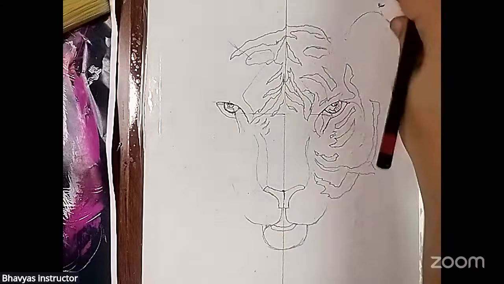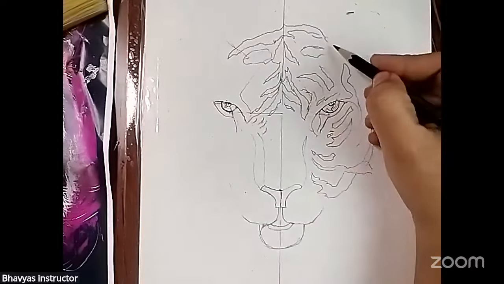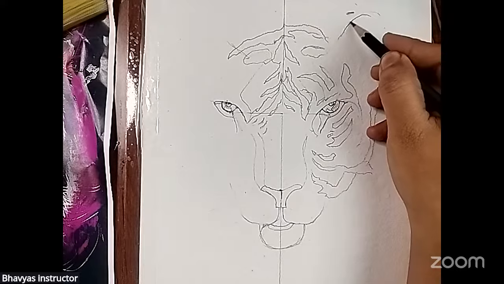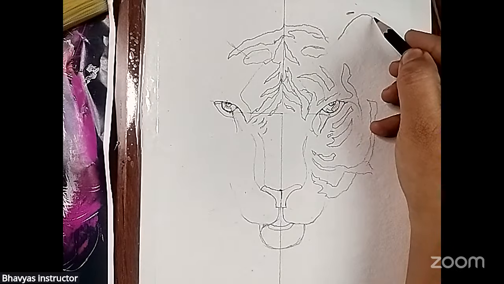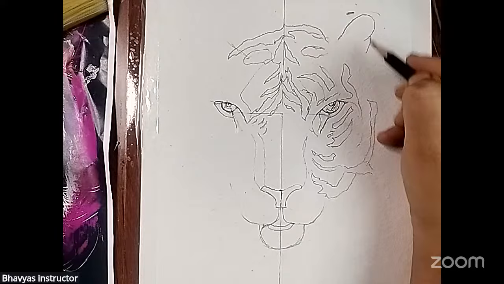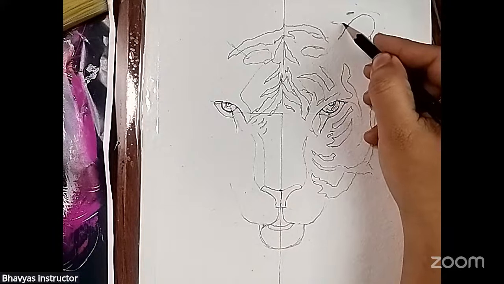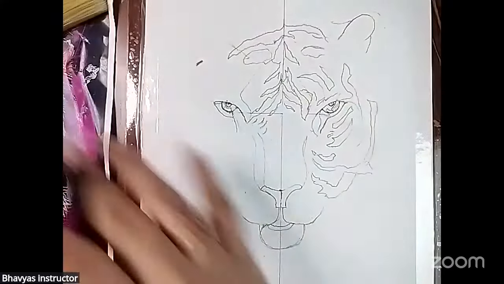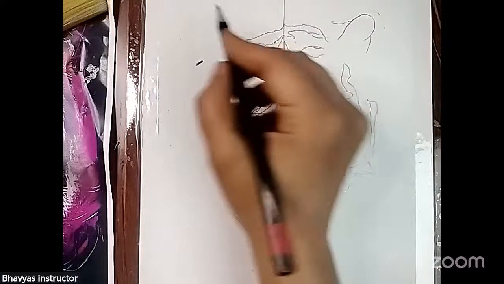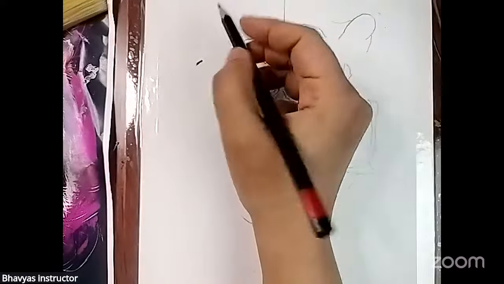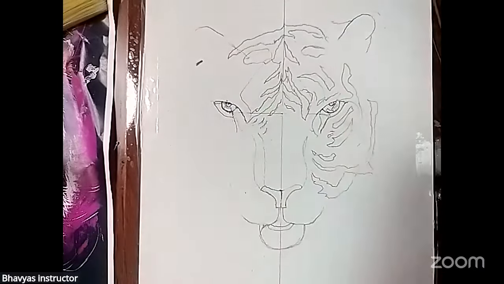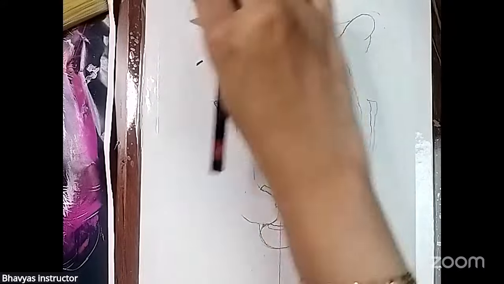It's an abstract paint, so we don't get into complete detailing. We'll just give one curve like this, and then we'll draw inwardly here, and from above we'll connect like this. We don't completely draw in abstract paint. We'll just give some reference lines so that it looks like its ears. That's it. That benefit we can take from abstract paint.